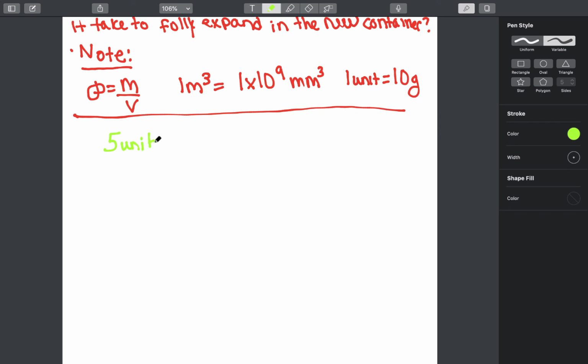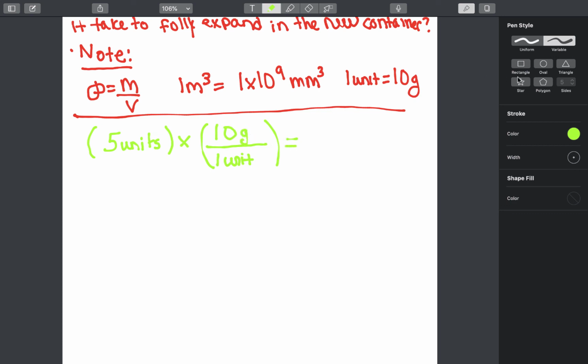Now remember, keep track of your significant figures. So we have 5 units here, okay? And 1 unit is equal to 10 grams. So 10 grams per 1 unit. And this is our conversion factor.